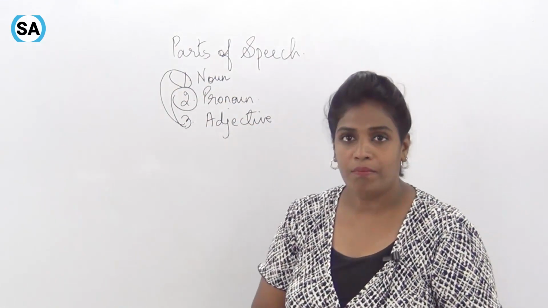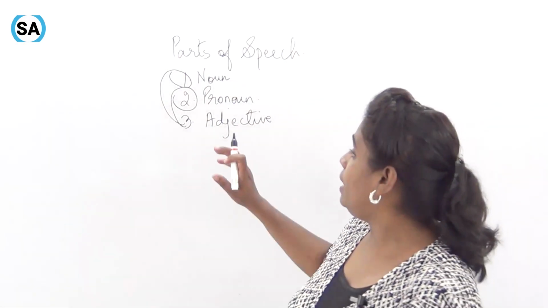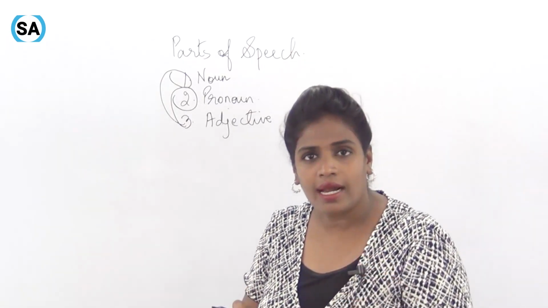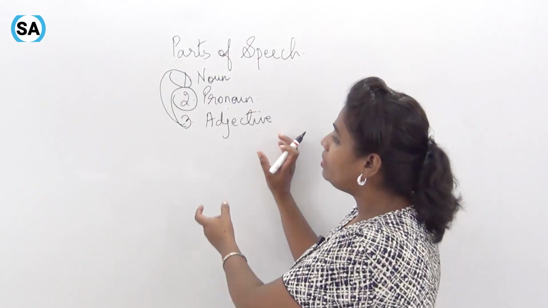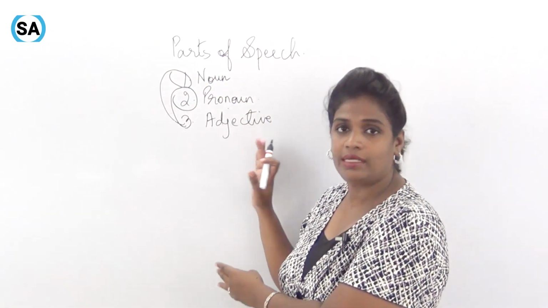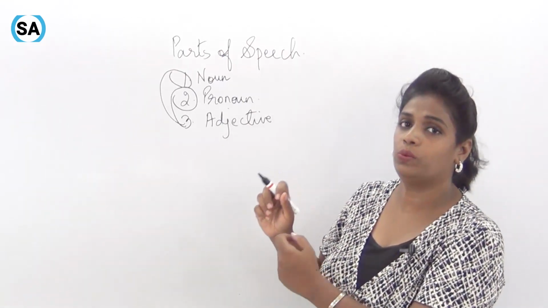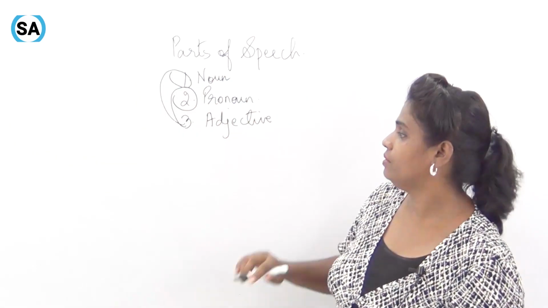An honest man. Man is a noun word. He is honest. What kind of man he is? He is an honest man. So honest describes the noun. So I say adjective is a describing word that describes a noun or pronoun.